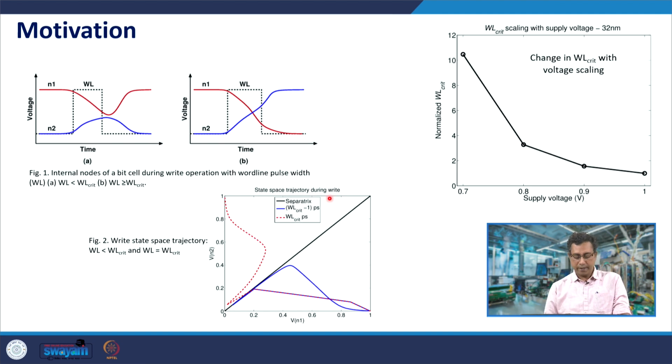So, suppose you are writing in a memory 6T SRAM cell. Suppose N1 and N2 are the two nodes of the 6T SRAM cell. So, this is the 6T SRAM cell.